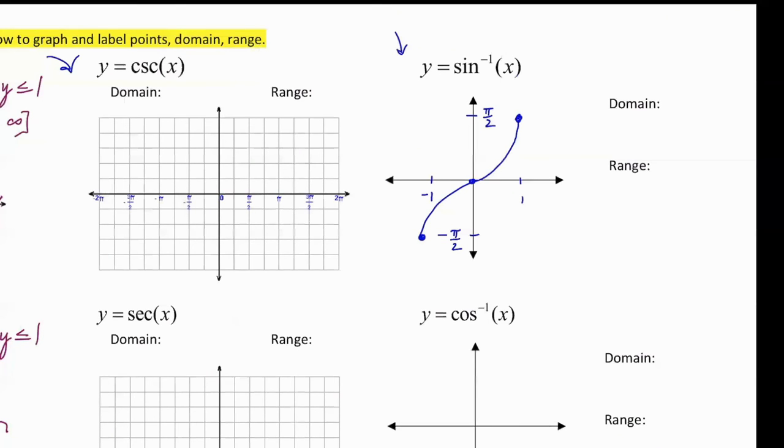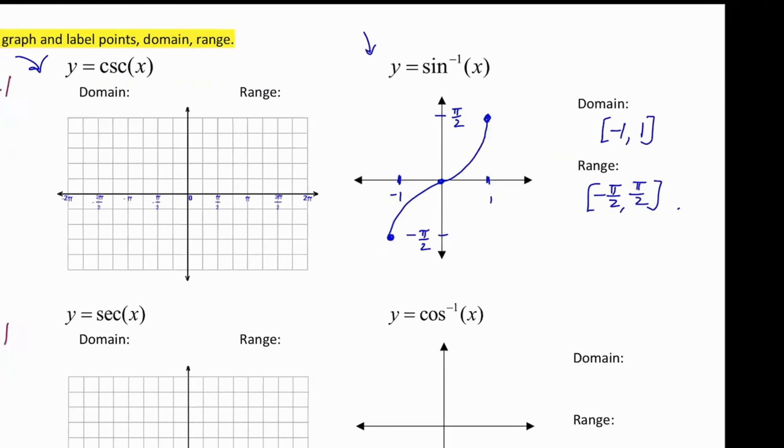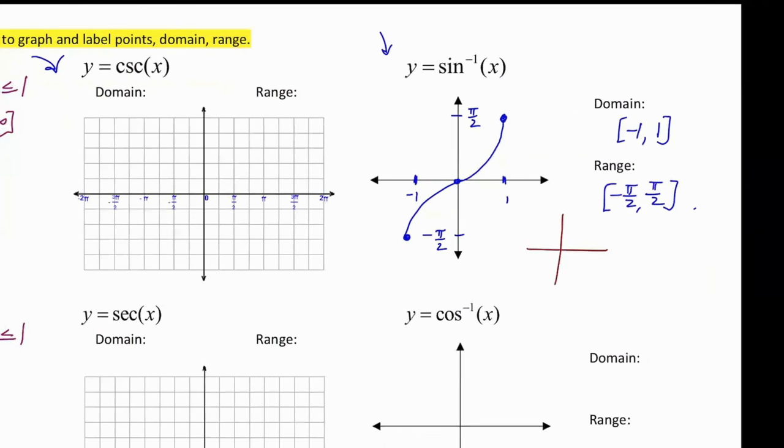Domain, your x-axis is from -1 to +1. And range is -pi/2 to pi/2. Another thing that we have to remember is that if the range is from -pi/2 to pi/2, that is going to be quadrant 1, and -pi/2 is quadrant 4. You have to remember that your answers are only in quadrant 1 and quadrant 4.